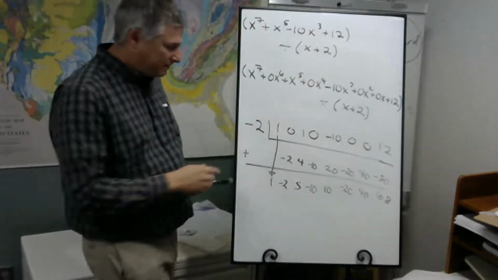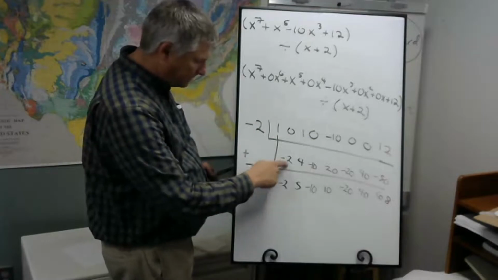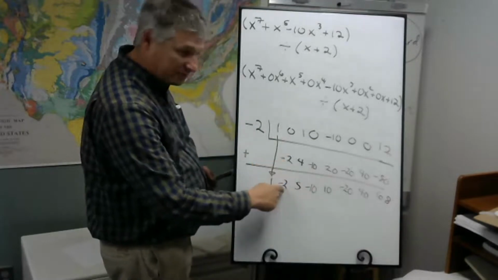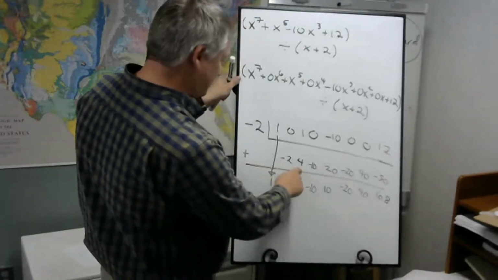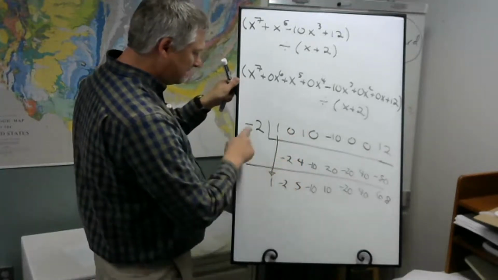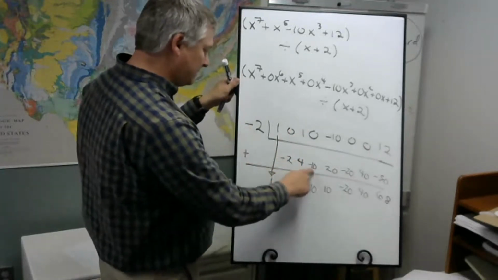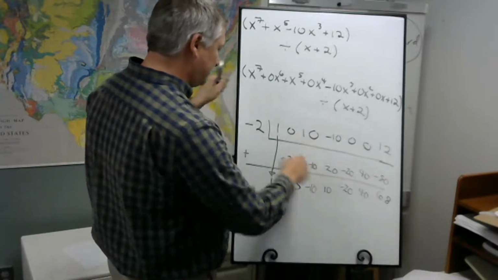So what we did: -2 times 1, -2. Then we add these, we get -2. And then -2 times -2 is +4. Add these, we got 5. -2 times 5 becomes -10. Add these, 0 and -10 is -10.